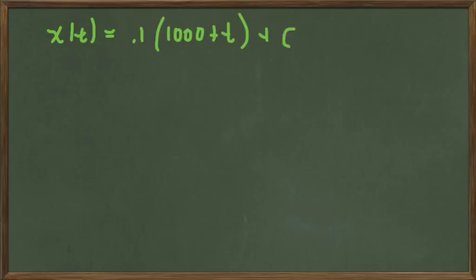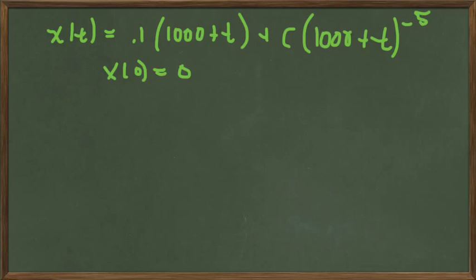On the next blackboard, let's solve for c. So we had x of t equals 0.1 times 1000 plus t plus c times 1000 plus t to the minus 5th power. X of 0 was 0.